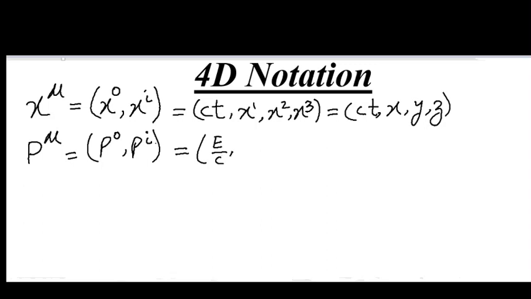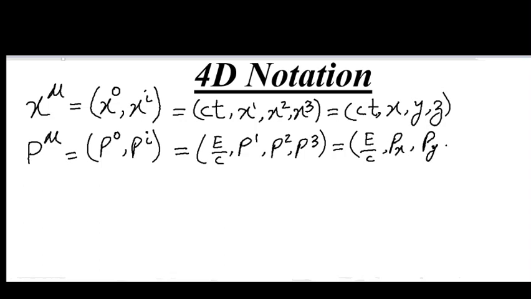And the ith component can be simply written as p^1, p^2 and p^3. Or if we use the Cartesian system, then this can be written as E over c, the x component of momentum, the y component of momentum and the z component of momentum. So this is the 4-momentum vector in its components.